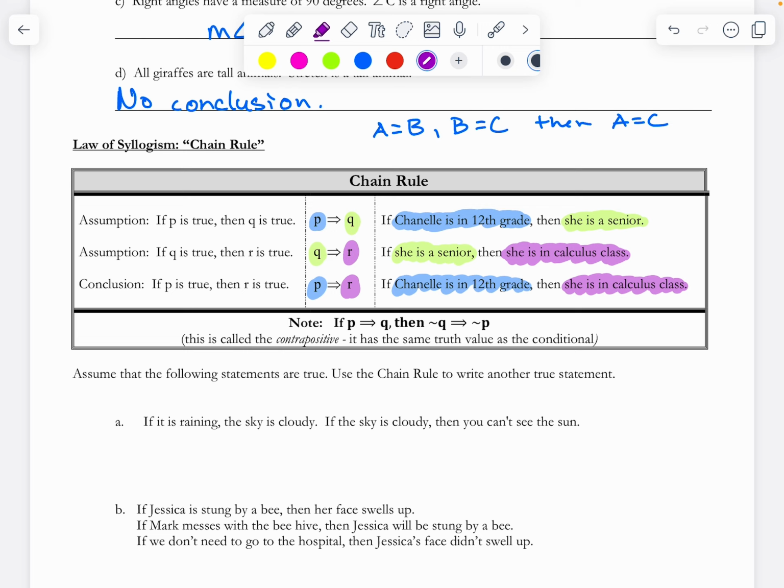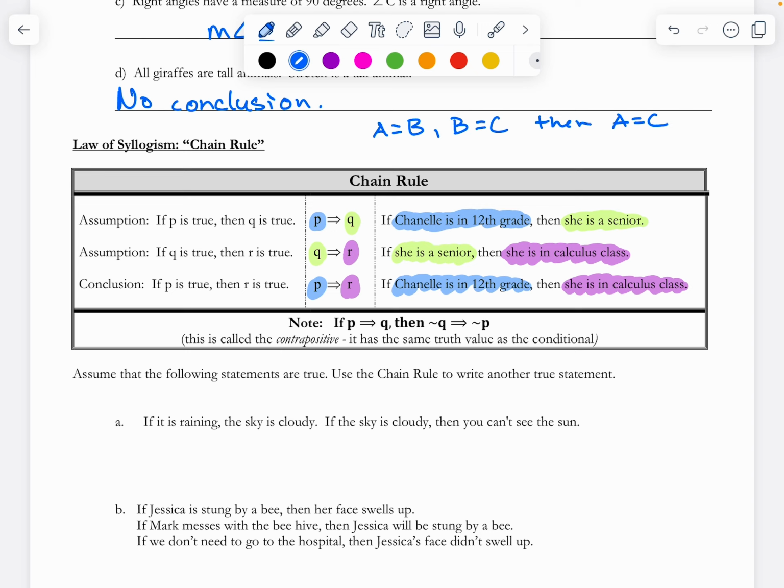Now, the contrapositive is just saying, let's see, if P then Q. All it's saying is that if not Q, so that little squiggly line, I forgot what it's called, if not Q, then not P. Another way of saying this is that the contrapositive has the same truth values as the original one.